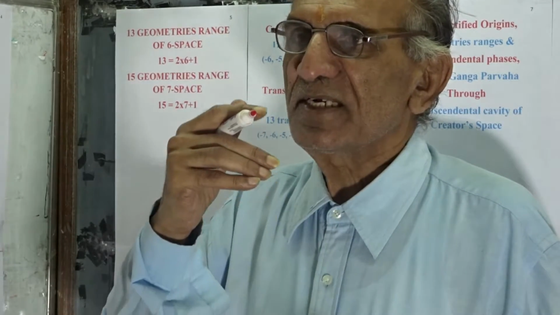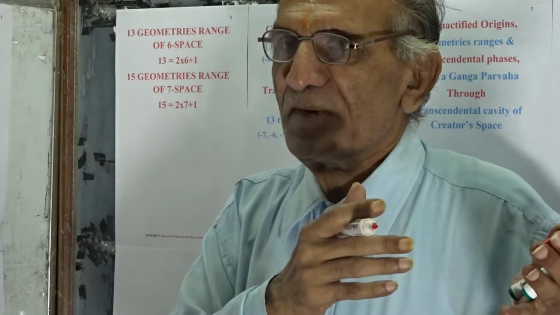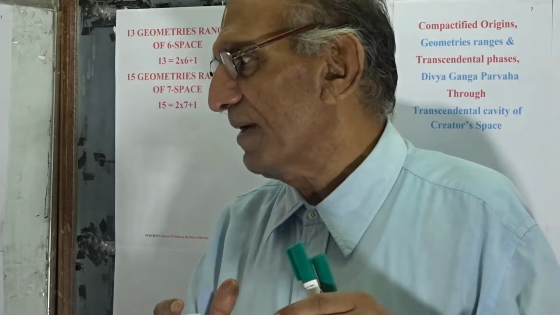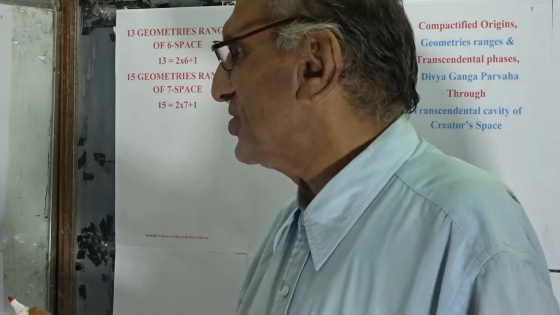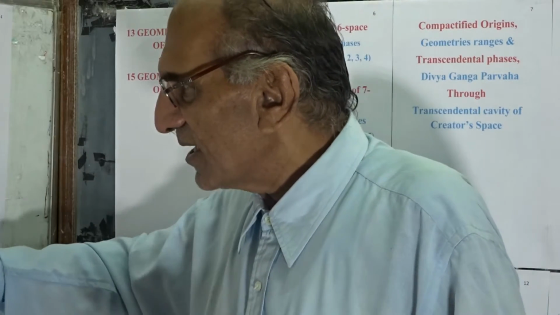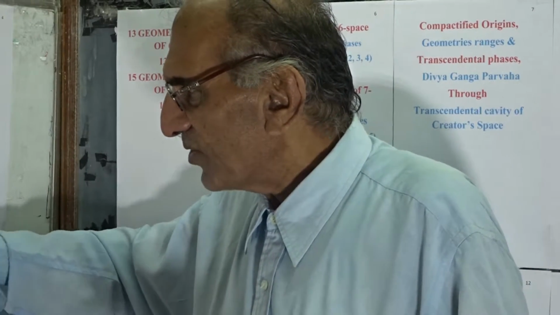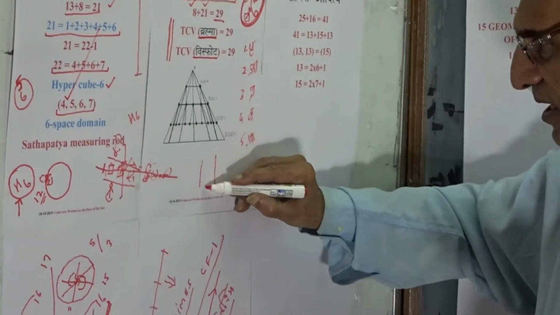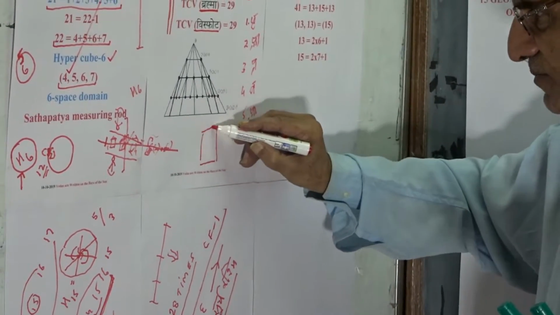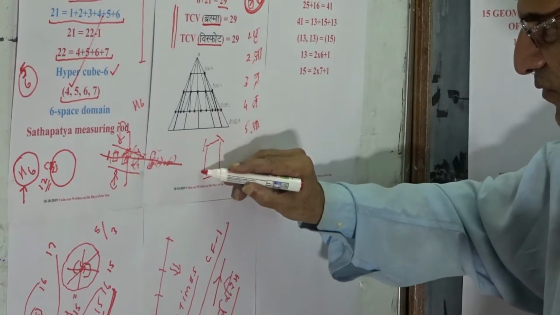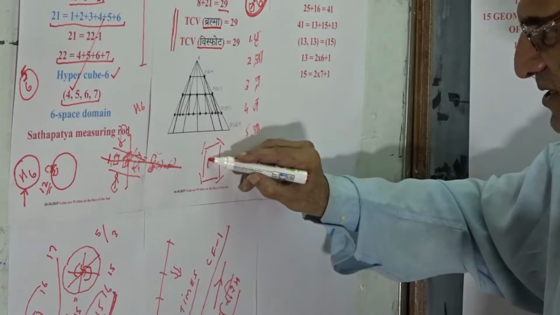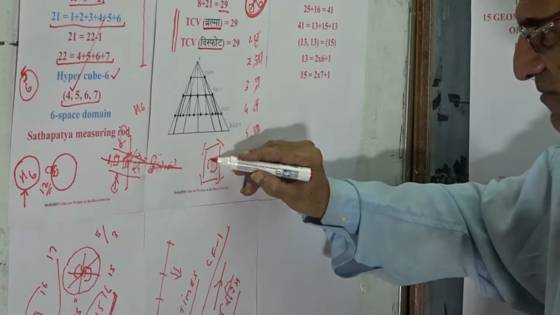This transcendental grace multiplies Brahma as 10 Brahmas. It is this reach, it is there because of a transcendental cavity at the heart, means at the seat of origin of a 4 space. Here is a transcendental cavity.